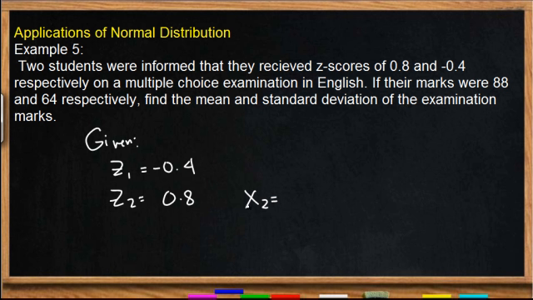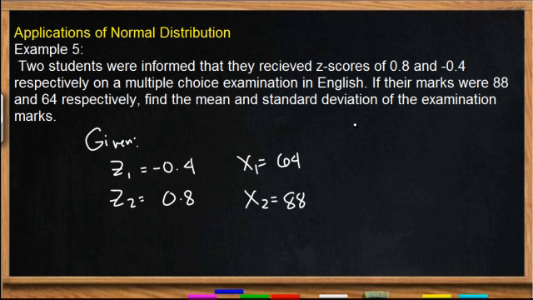Diba X ang actual nga variable, kato ning i-convert into standard normal random variable. X is 88. So, kaning 0.8 nag-correspond sa 88. And kaning isa nag-correspond to 64. X1 equals 64. Bahala na kung saan ang X1 or X2. Basta, kaning Z nga negative 0.4 correspond sa 64, Z nga 0.8 nag-correspond sa 88.